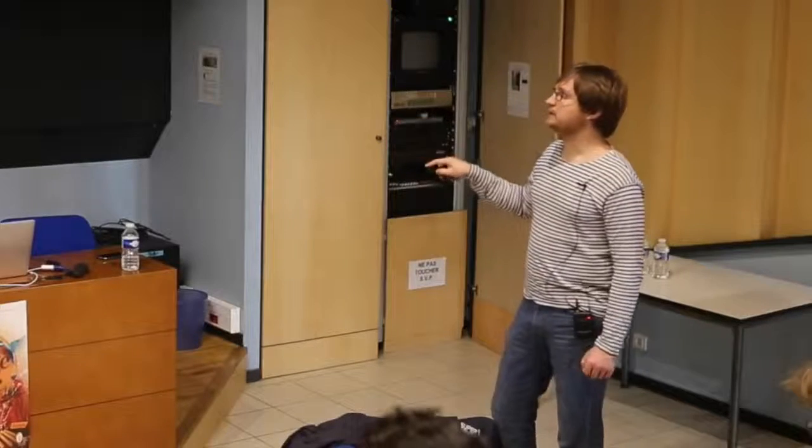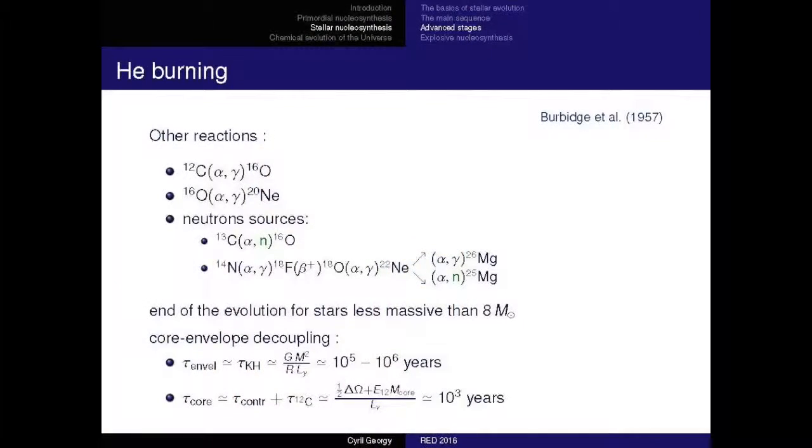So this helium burning is basically the end of the evolution for stars that are less massive than about 8 solar masses, because at the end of this reaction, the stars will start to contract and heat again, but they will enter the degenerate gas region, and progressively the electron degeneracy pressure will be able to counteract the gravitation.